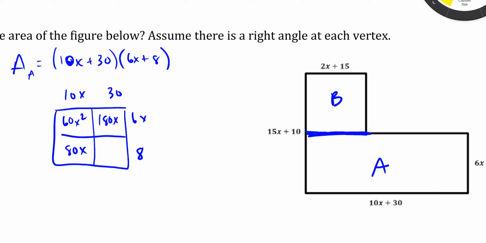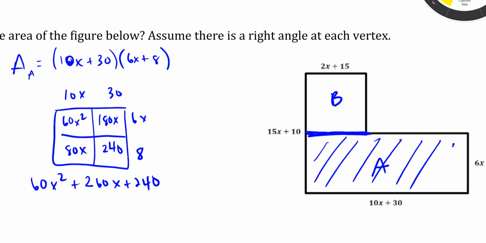I have 60x squared, I have 80x, I have 180x, and I have 240. So this becomes 60x squared plus 260x plus 240. That's the area of A.